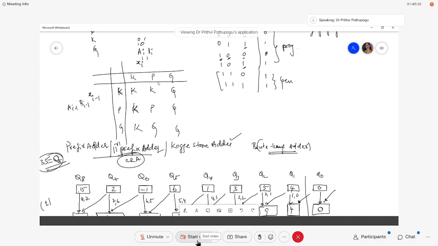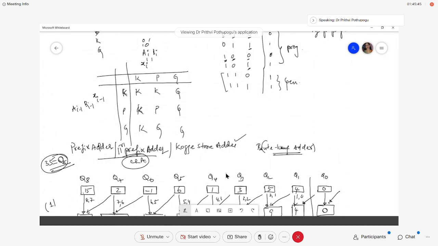But the propagate condition, if you consider, what will be propagated is the previous propagate value, or what is propagated will be the previous generated. See here, this one. What is getting propagated is the previous stage G generated value. The present propagate is the previous generate, and you get the generated value when the input bits are both 1.